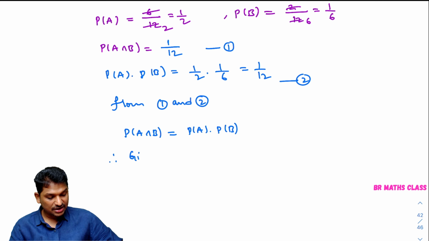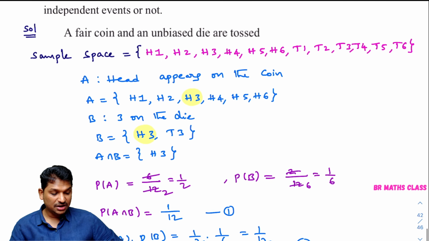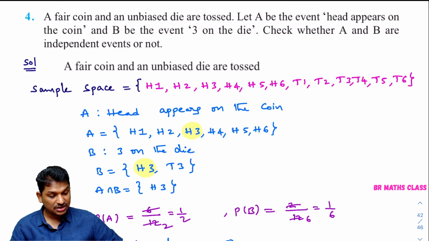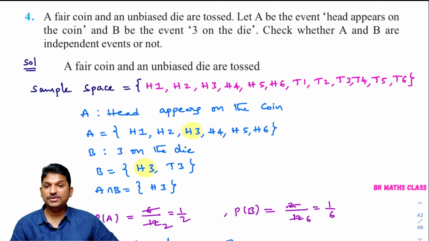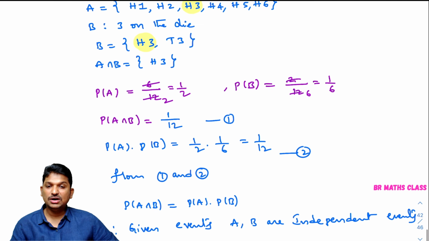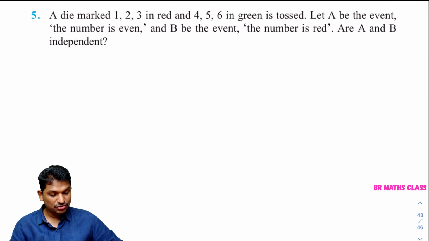Therefore, given events A comma B are independent events, because in the question they are asking to check whether A comma B are independent events or not. Yes, they are independent events. I hope you are understanding these problems, right? Now we'll move to the next question.